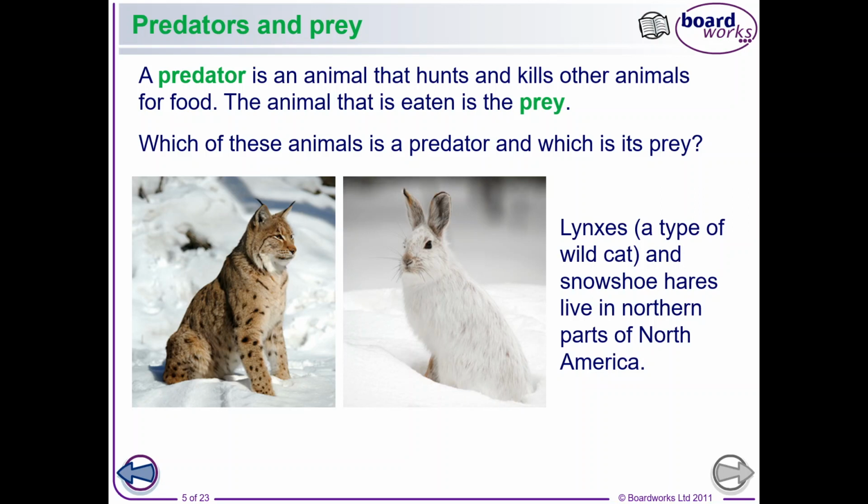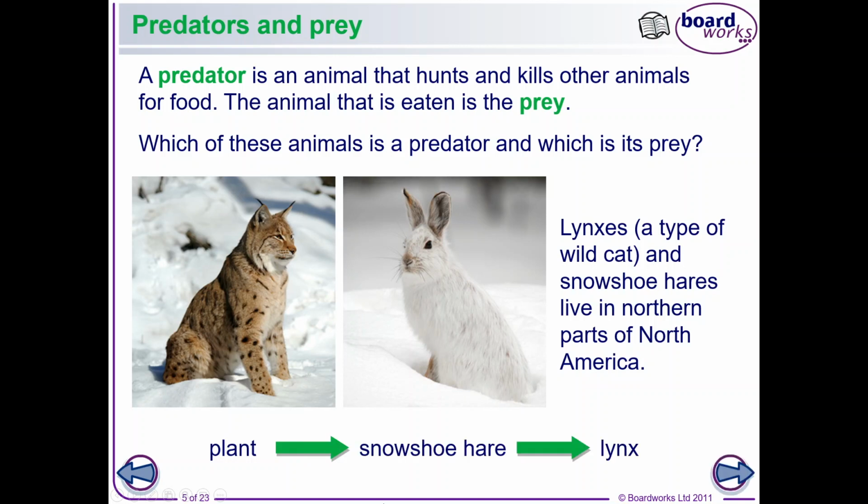And it's going to give you that warning sign earlier to try and escape. The problem with that is, because they don't have binocular vision, they can't judge distances as well. So although this snowshoe hare might be able to see if a lynx is coming, it won't be able to judge if it's really quite far away or if it's quite a lot closer. So that's a bit more difficult there.